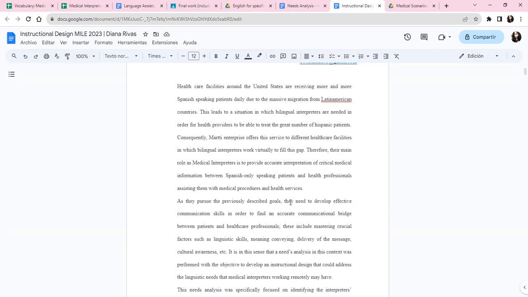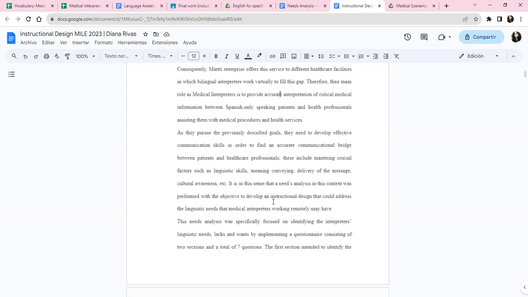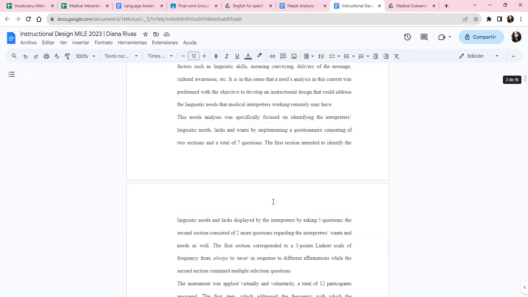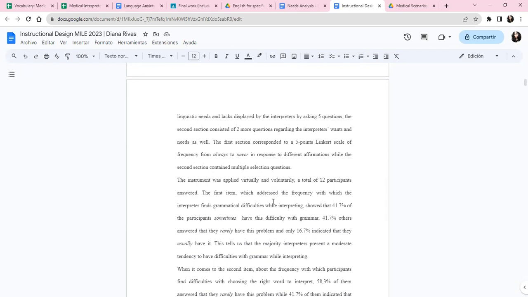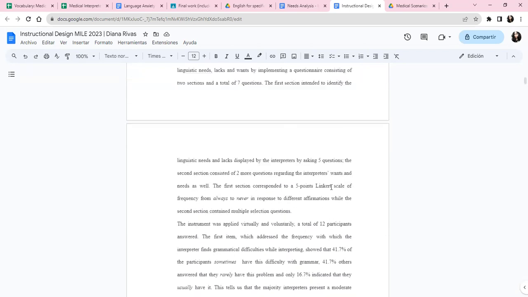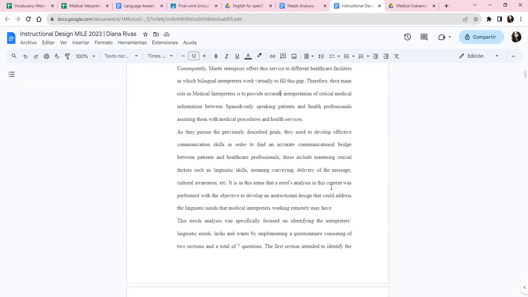And these interpreters are working virtually for this enterprise in order to offer this interpretation from Spanish to English and vice versa.